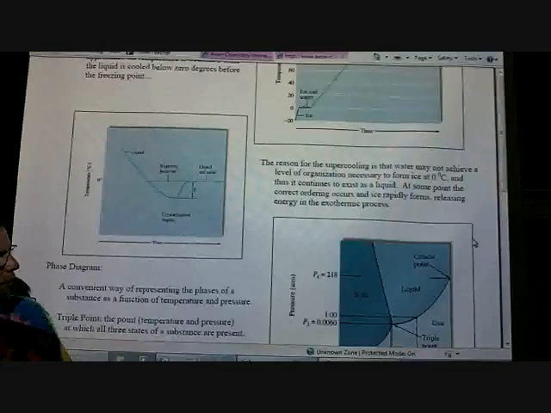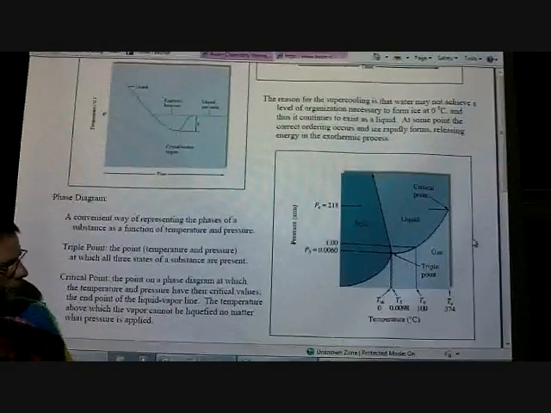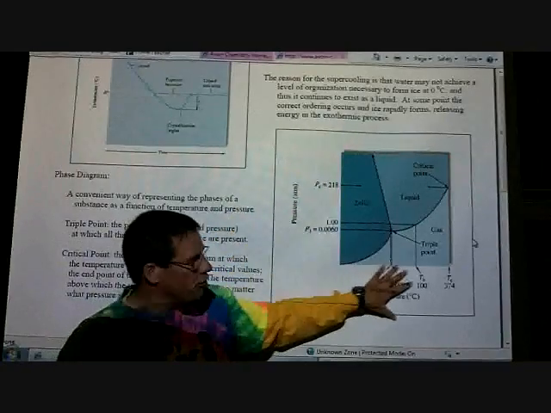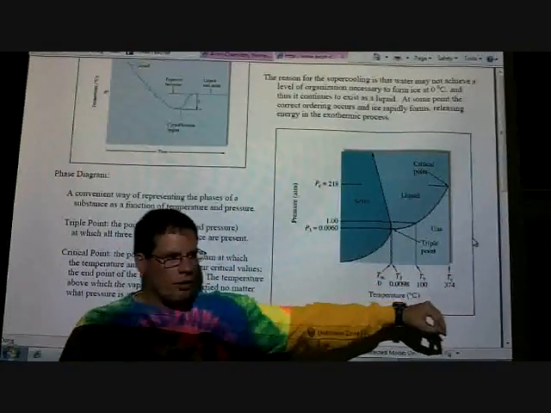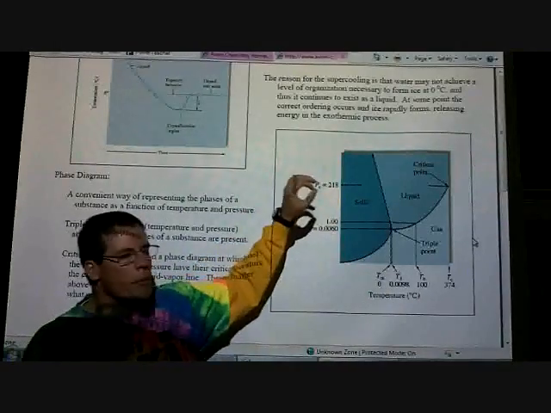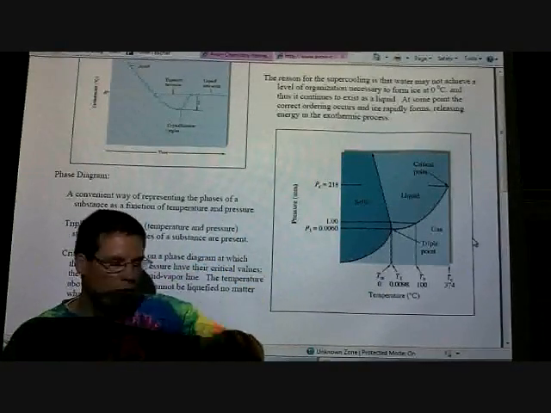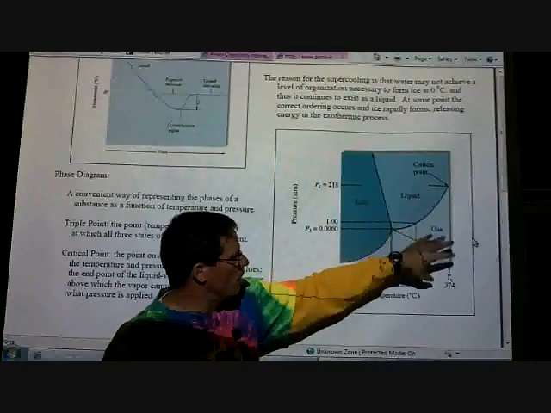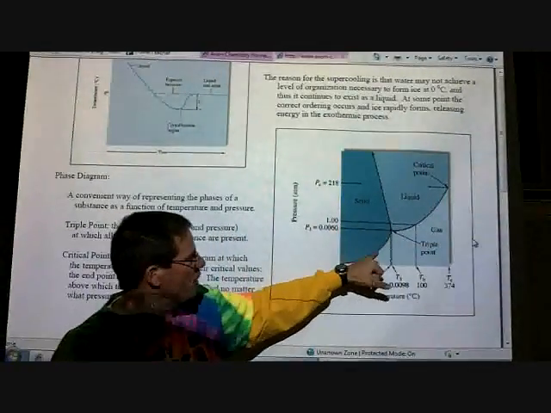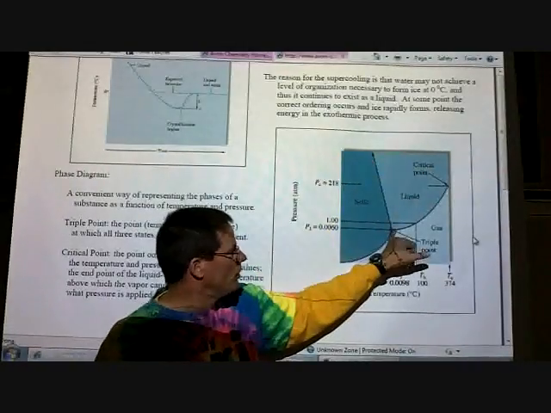All right. The next graph here. This is a pressure versus temperature relationship. This is also a phase change diagram with the pressure and temperature. Be sure you know where these states are located, solid, liquid, and gas. Along the edges here are our phase changes.